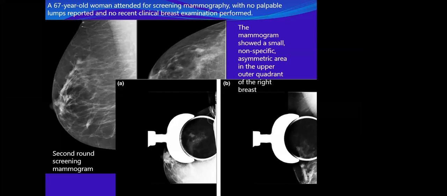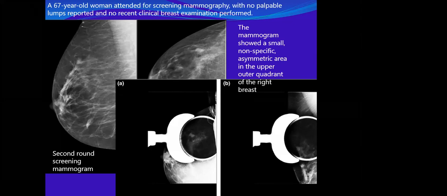It is a real finding, but is it associated with distortion? Is it a mass? No, it's just a focal asymmetry, confirmed. It still doesn't show the conspicuity of a mass.